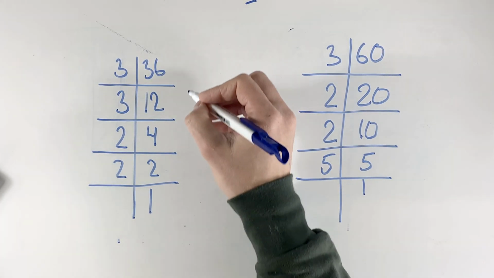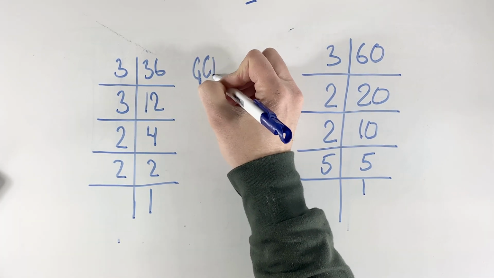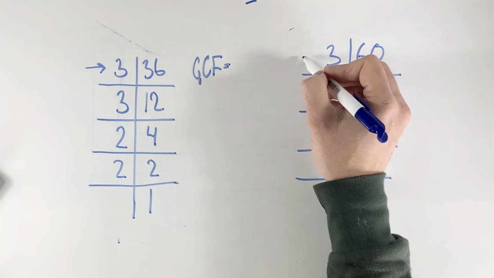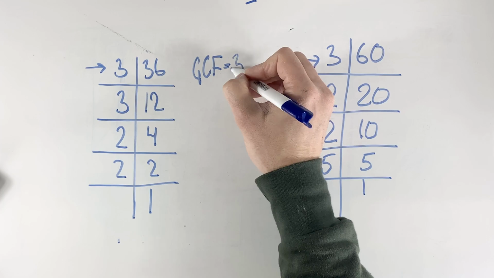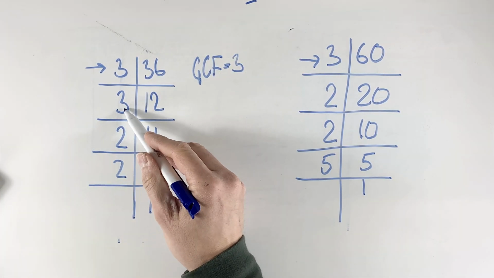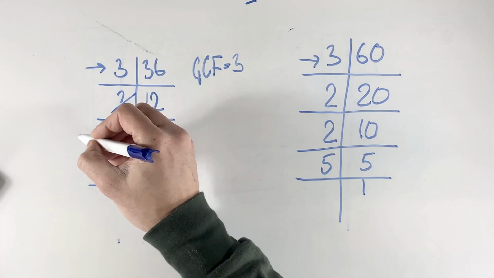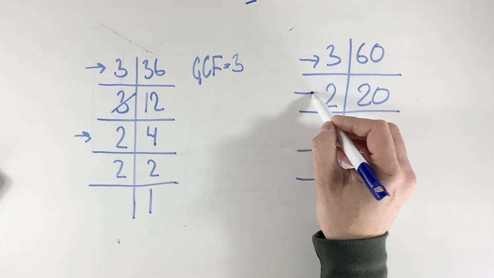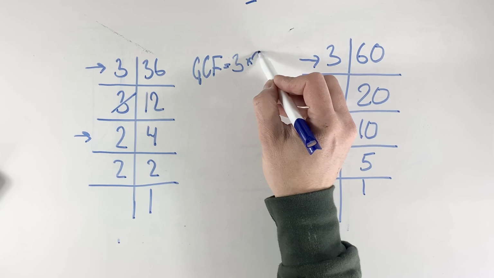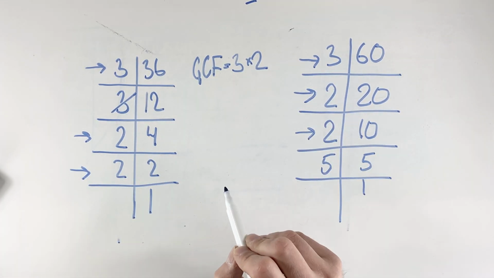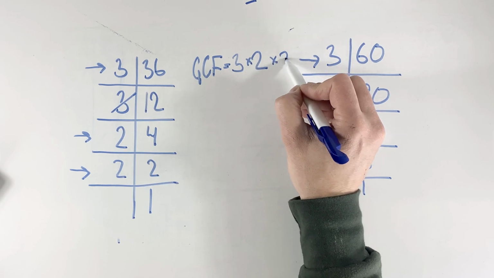So for the greatest common factor, they have a 3 in common right there. So we're going to have 3. The second 3 that we have here is not in common. There is a 2 here that they have in common right there, times 2. There's a second 2 here, and they also have that second 2 in common, so times 2.